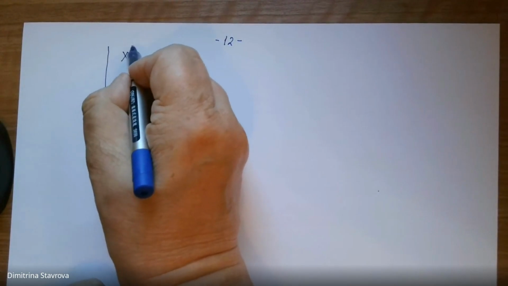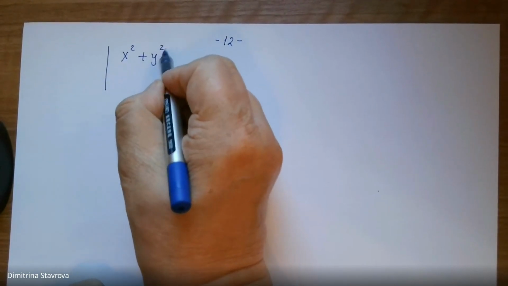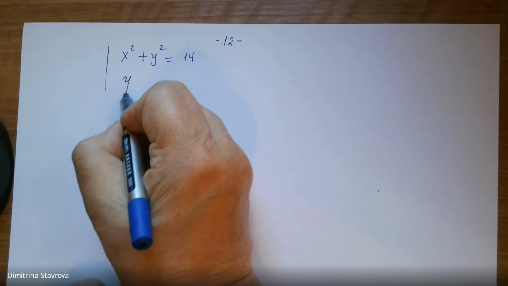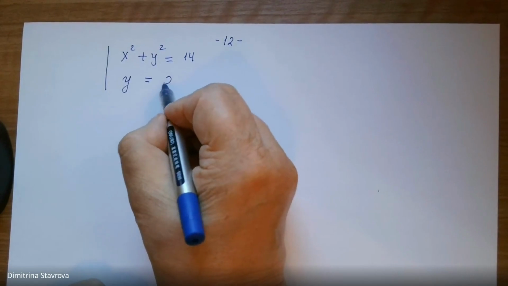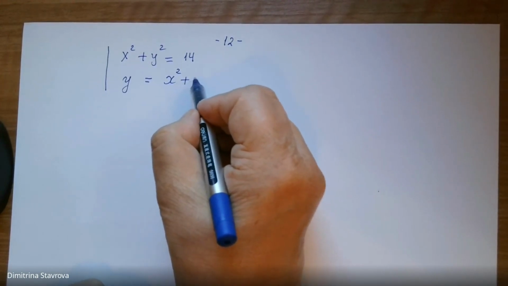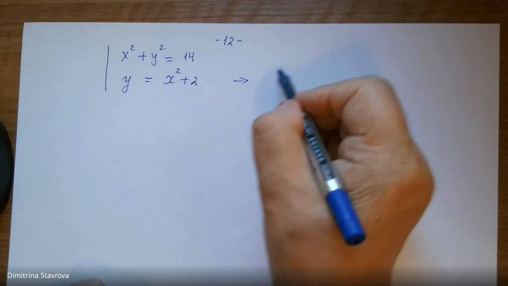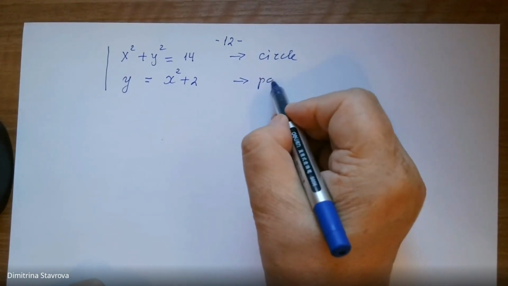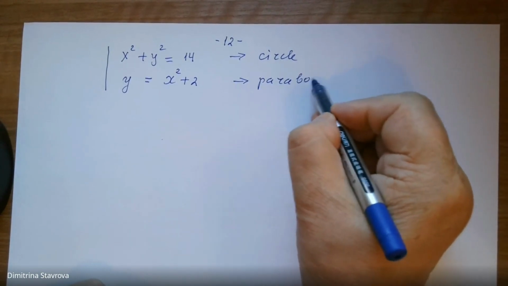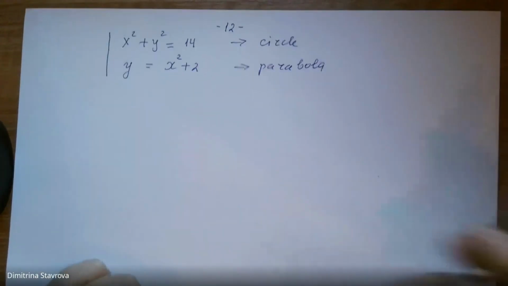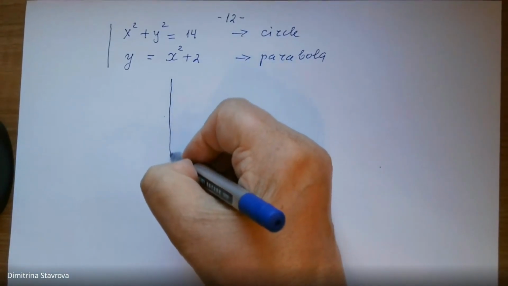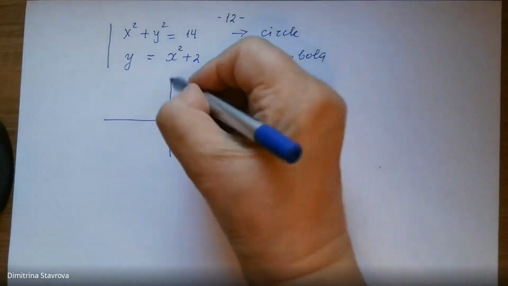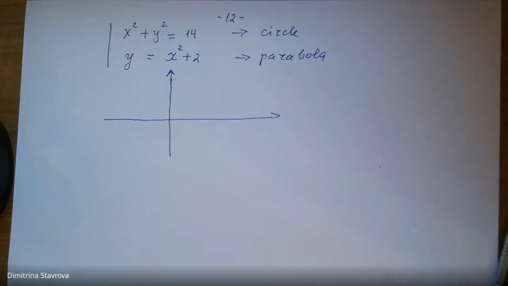Say x squared plus y squared equals 14, and again y equals x squared plus 2. We saw that this is a circle and this is a parabola. And let us see, just by drawing, without finding them, how many solutions we have.